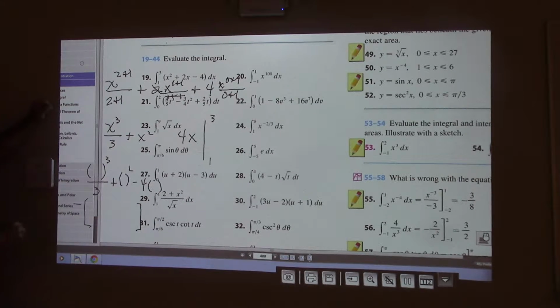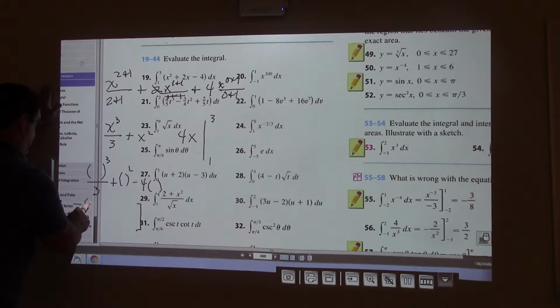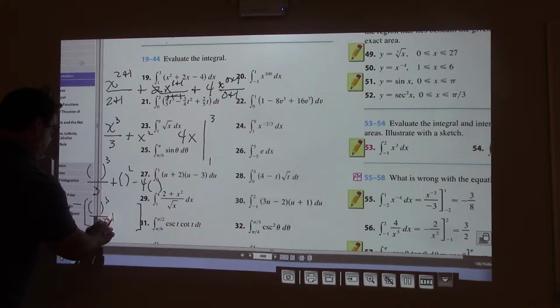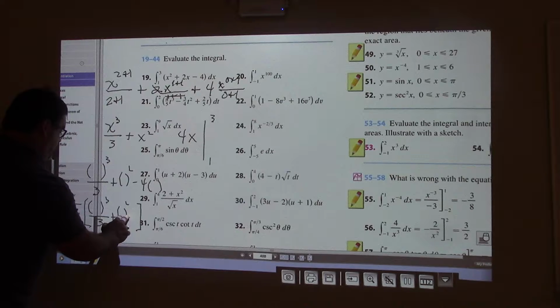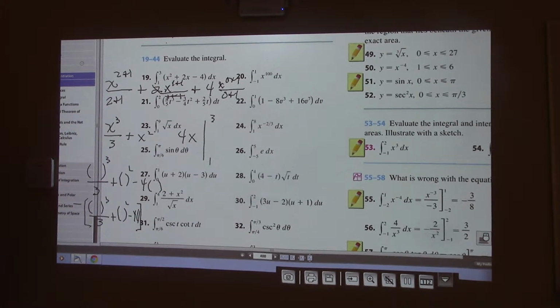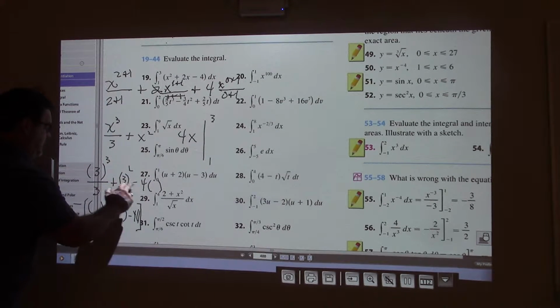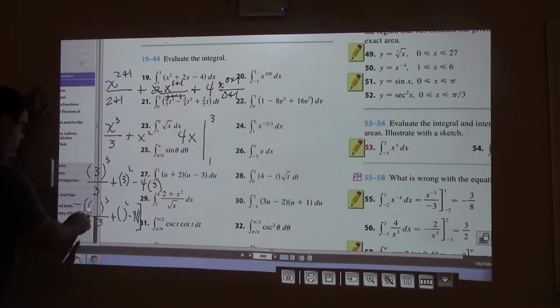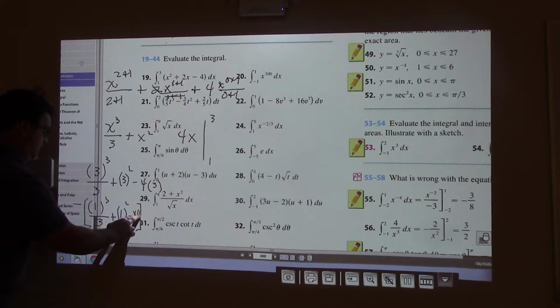It's because of that minus symbol. And I put parentheses cubed over 3 plus parentheses squared minus 4 times parentheses. Just use your imagination. And I'm going to put a 3 here, and a 3 here, and a 3 here, and a 1 here, and a 1 here, and a 1 here.